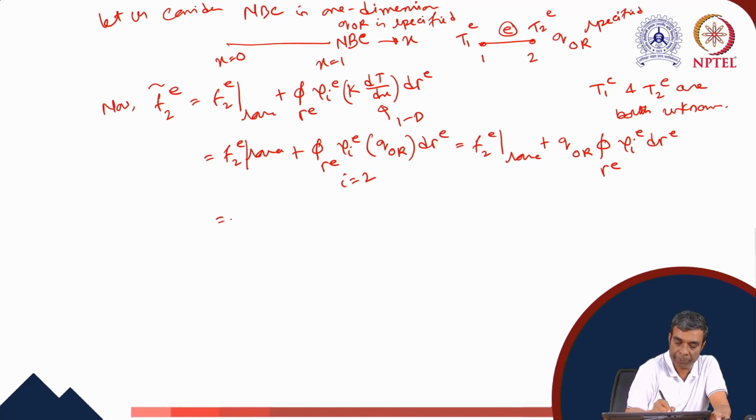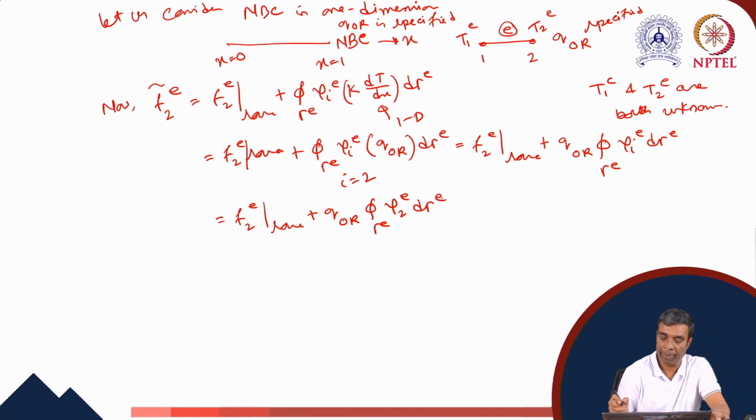So this gives us F2E source plus Q0R integration over gamma E of psi 2E d gamma E.